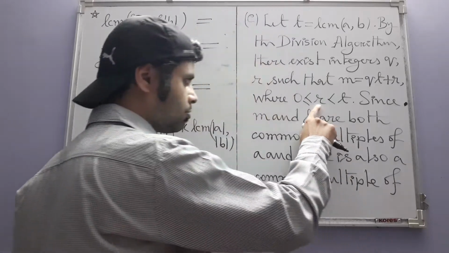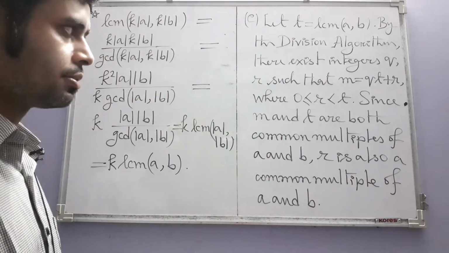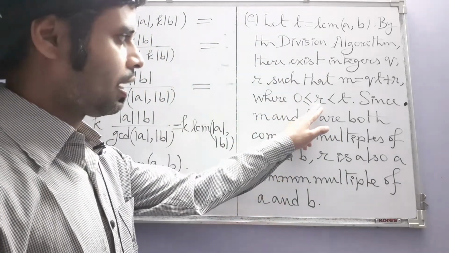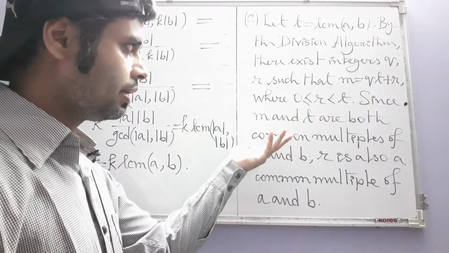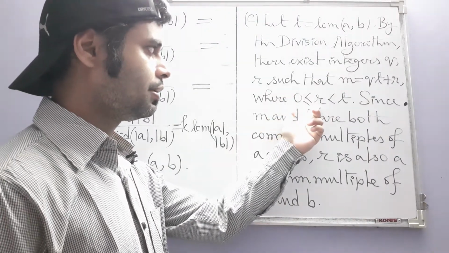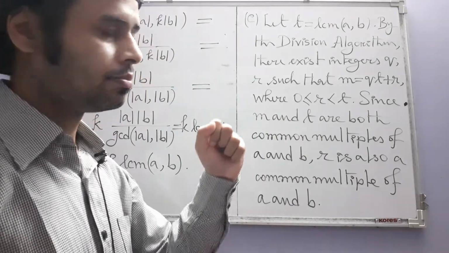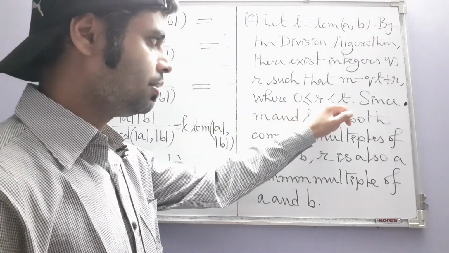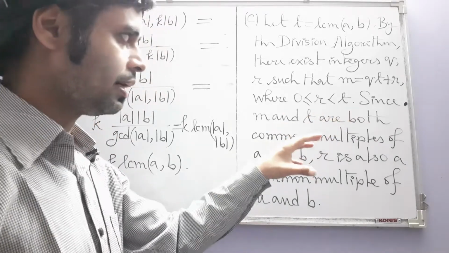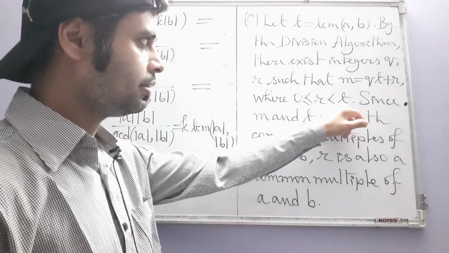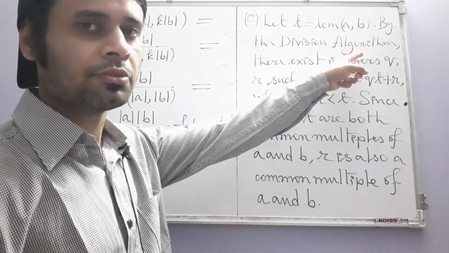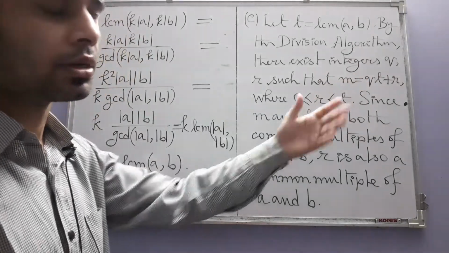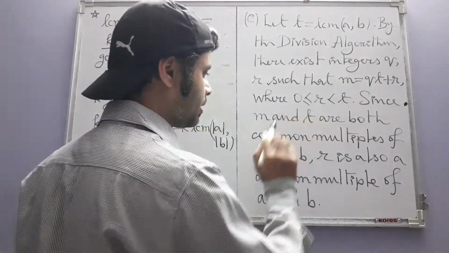But note that we have these inequalities also. Now R is a common multiple of A and B, and R is a non-negative integer. If R is positive, then we are getting a common multiple of A and B that is less than T, the least common multiple of A and B, which of course is absurd. So that's why R cannot be positive.